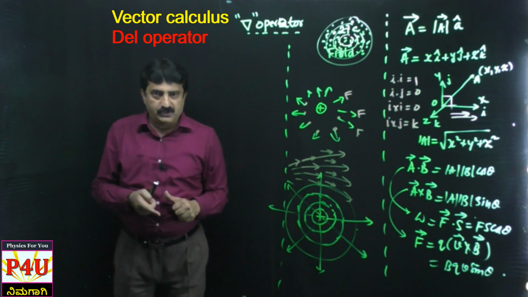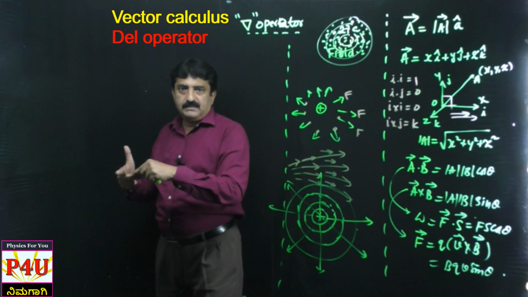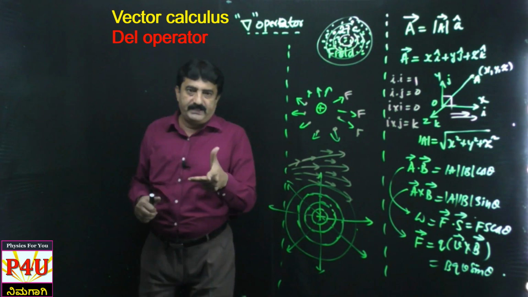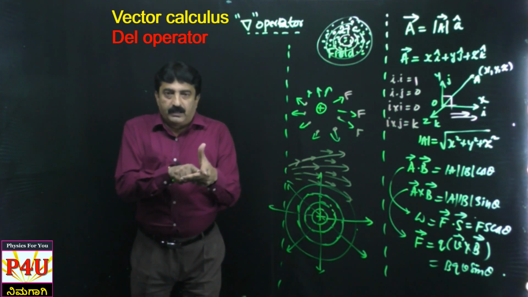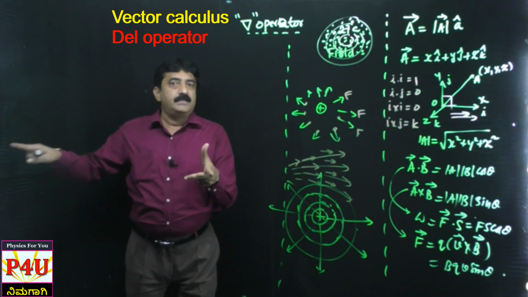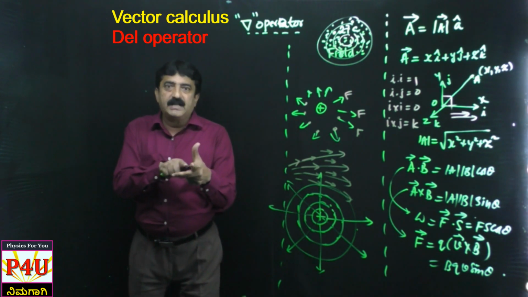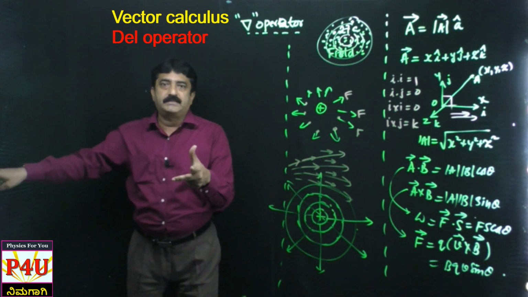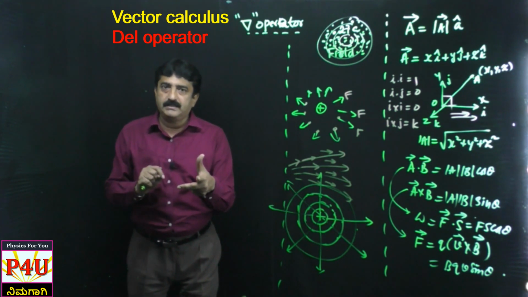Now I will ask you one question. Along x-axis, y-axis, z-axis, tell me, as you move along x-axis, temperature decreases. The question: does the decrease in the temperature along x-axis depend upon the parameter along y-axis?